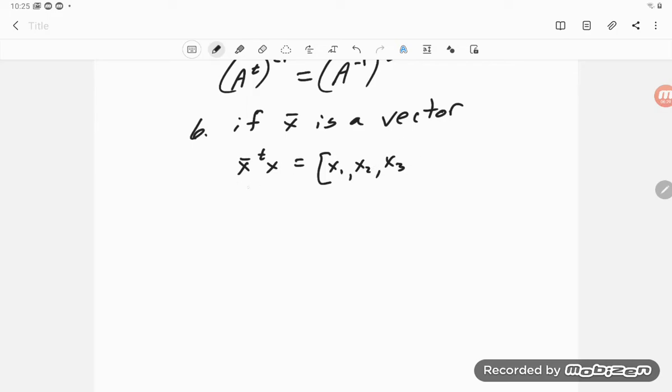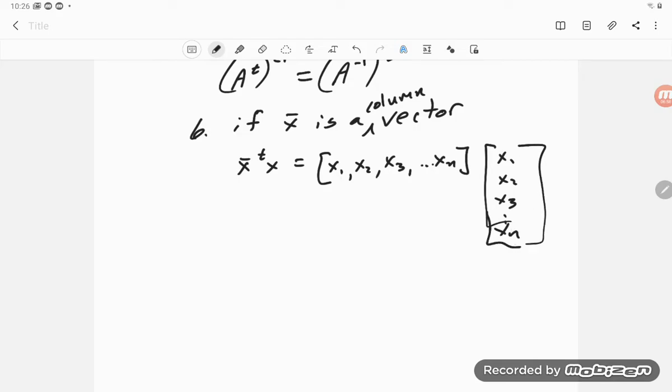So typically you think of this as a column vector. So I better say that is a column vector, because if it's a row vector, well, no, this wouldn't work this way. The dimensions would be different. But if, up to xn, and then times x1, x2, x3, down to xn, like that.